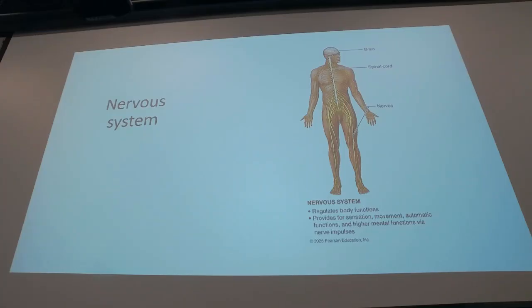And performs higher mental functions, like paying attention, reading, learning, creating memory. Those are higher reasoning, measuring consequences. So those are higher mental functions. And it's made by structures like brain, spinal cord, and nerves.